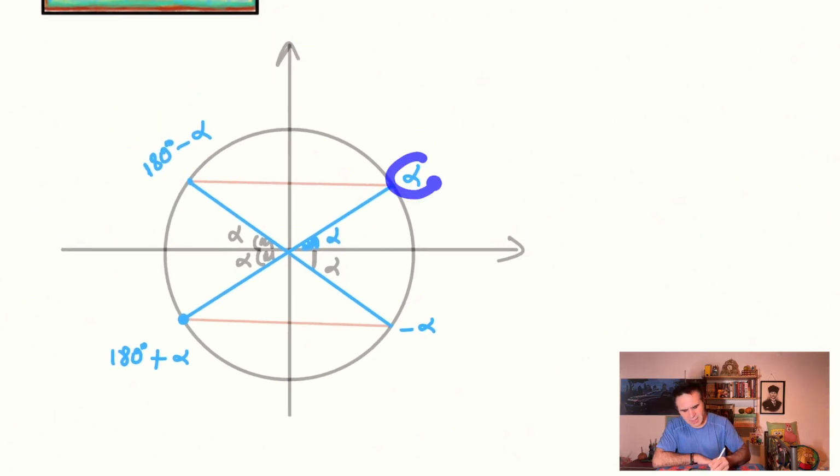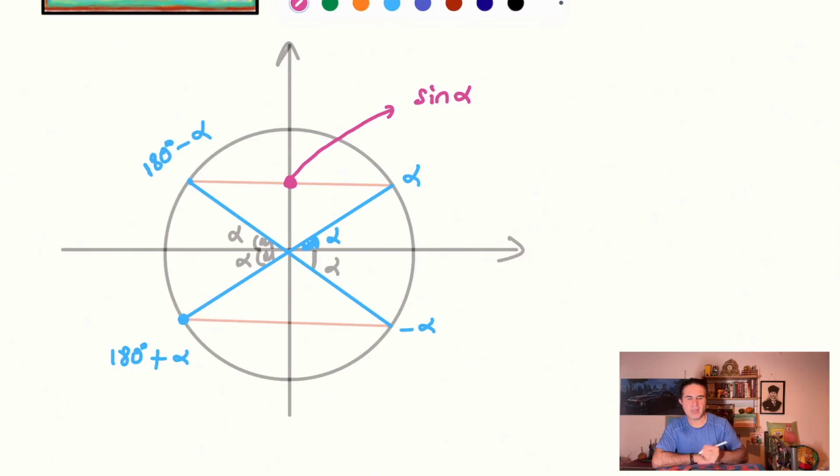The sine value of alpha will be, as you see, that point. This is sine of alpha, and this point is also the sine of 180 degrees minus alpha. Then sine of alpha will be equal to sine of 180 degrees minus alpha.